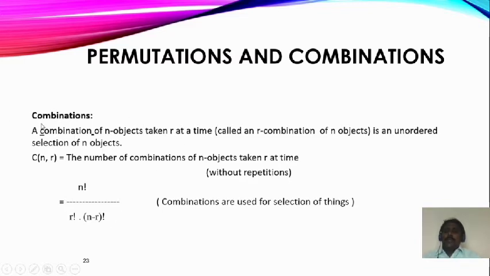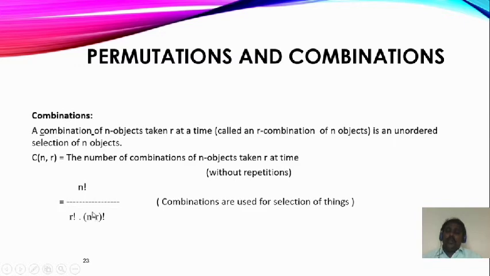So the definition is: a combination of n objects, taken r at a time, is called r combinations of n objects, and the formula is nCr equal to n factorial by (n minus r) factorial into r factorial.